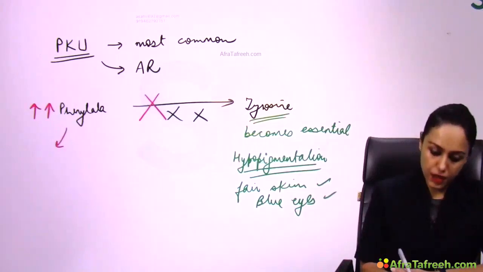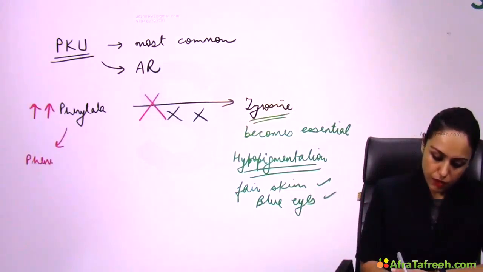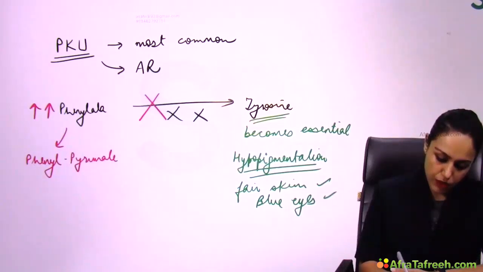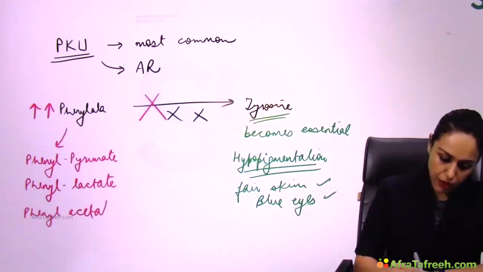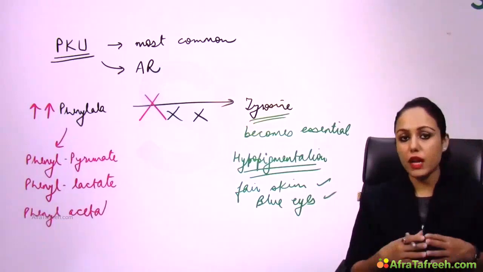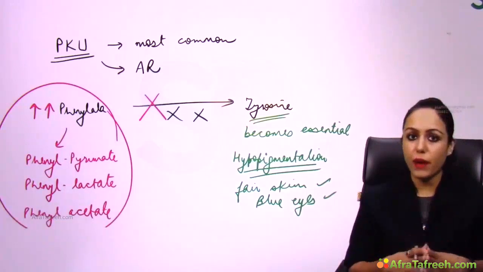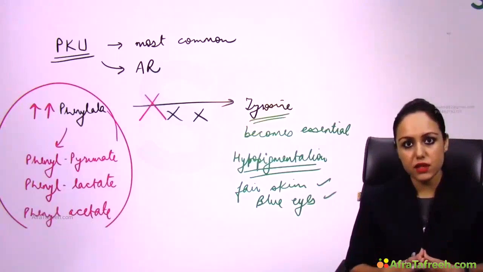Further, phenylalanine gets converted to phenylpyruvate, phenyllactate and phenylacetate. So all these compounds are getting accumulated in the body: phenylalanine, phenyllactate, phenylpyruvate and phenylacetate, right?